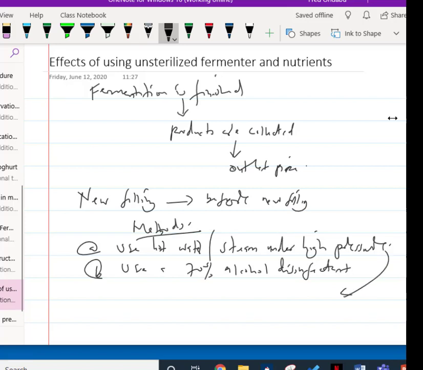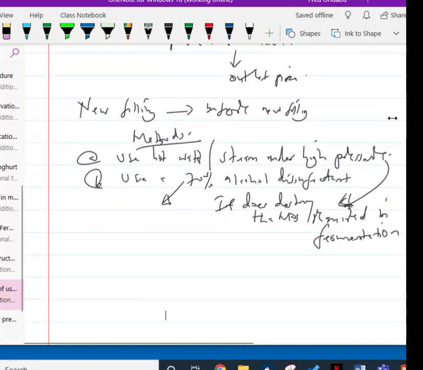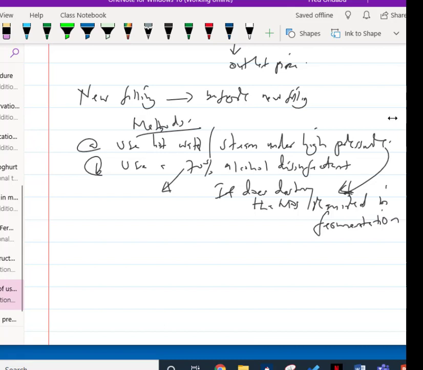I want you to go with the first method, because even if it remains in the fermenter, it does not destroy the microorganisms required for fermentation. But with the second, if the ethanol remains in the fermenter and you bring in the new microorganisms, they are likely to be destroyed by the alcohol disinfectant if it is not well cleaned or removed from the fermenter.